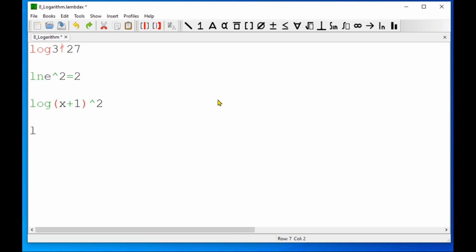As an example, if I write logarithm of x and then plus 2, the logarithm is obviously referred only to x. If, on the other hand, I want the logarithm of x plus 2, I need to write brackets. Therefore, in Lambda, we act exactly as in any normal writing.